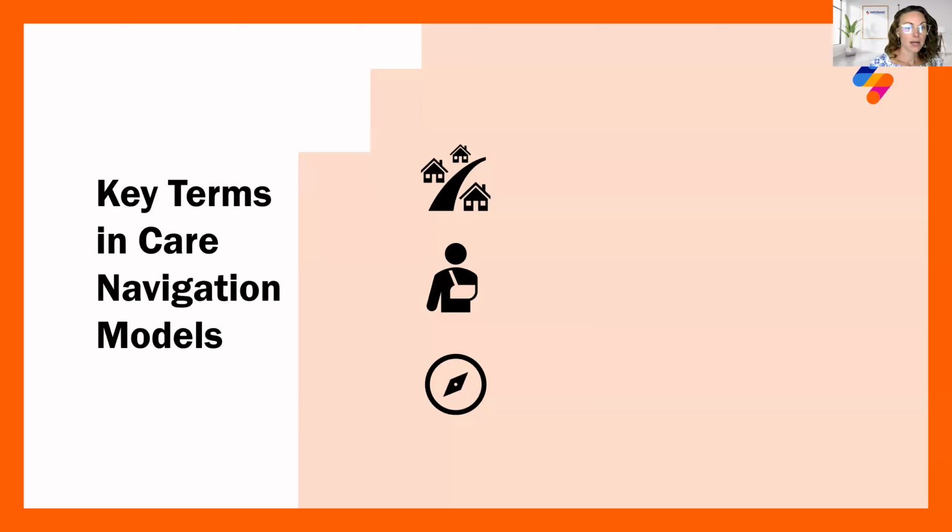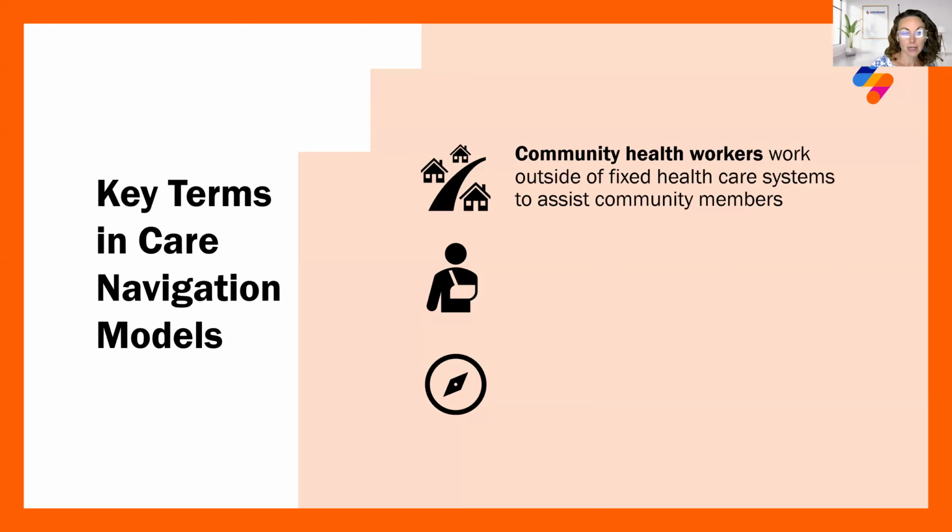And then before we move on to the actual panel presentation and presenting different models of care navigation, we did want to go into terms that we will utilize throughout these presentations. So the first term is community health workers, and community health workers work in communities and they work outside of a fixed healthcare system.